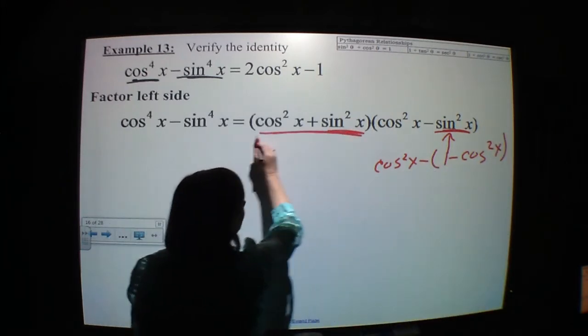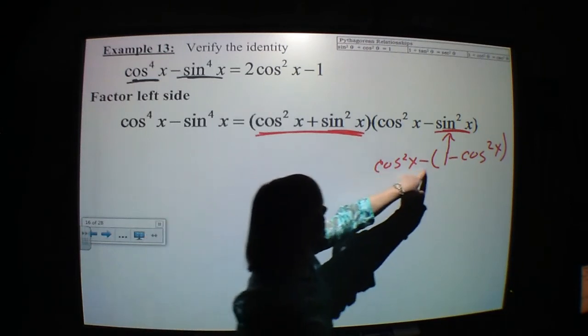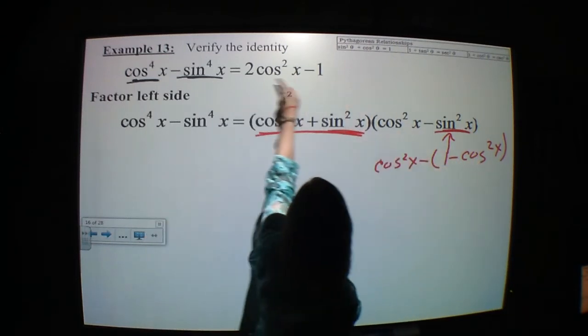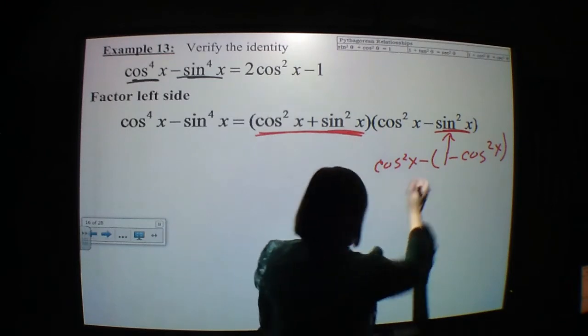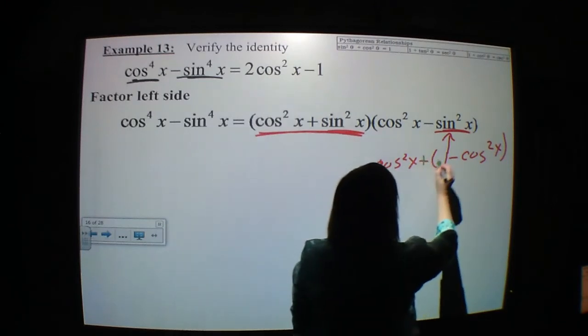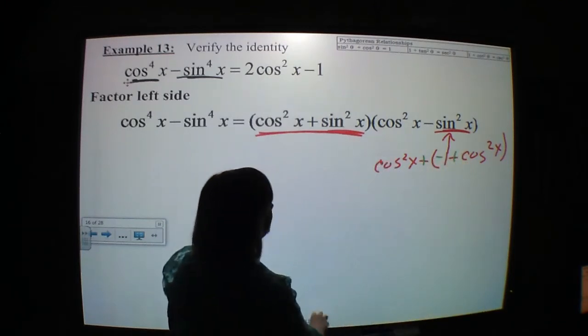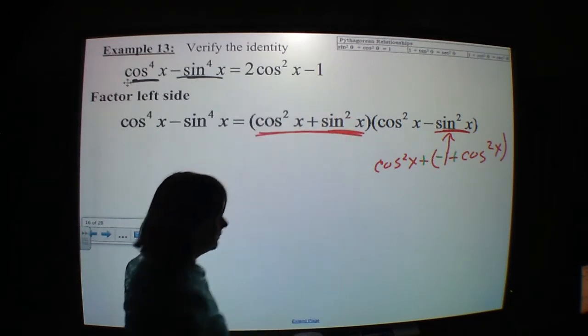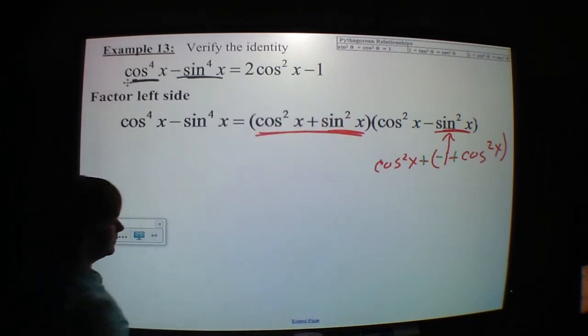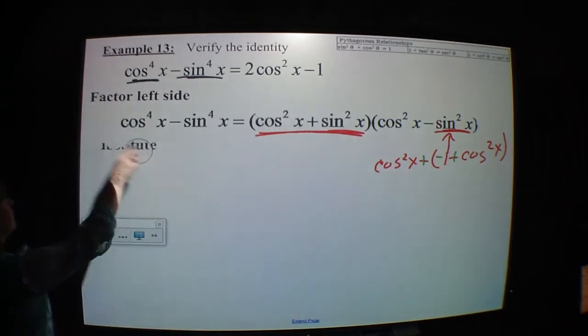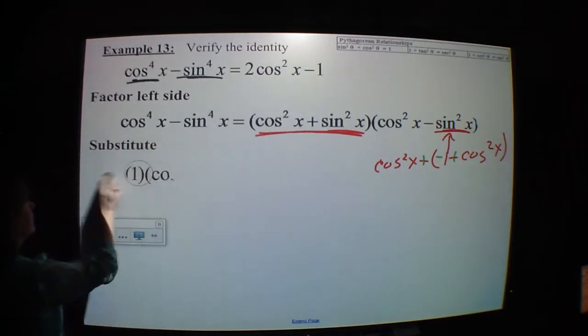I'm not doing anything right here yet. Cosine squared minus 1 minus cosine squared is plus 2, because it's negative. Distribute the negative, that's how I get plus 2. So do the substitution there of 1. Okay? And hopefully that's what I did here. I did a substitute. Yes, I did.